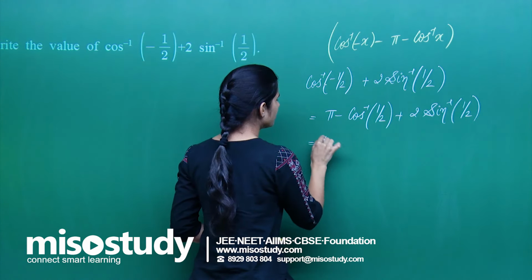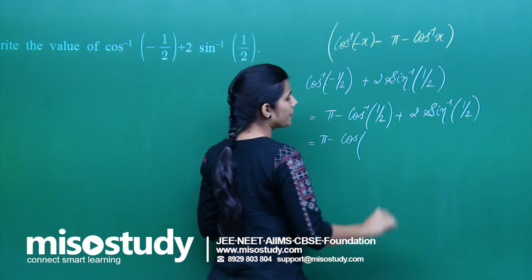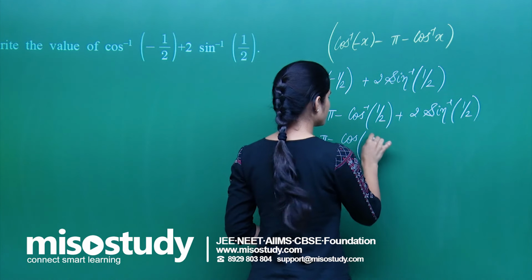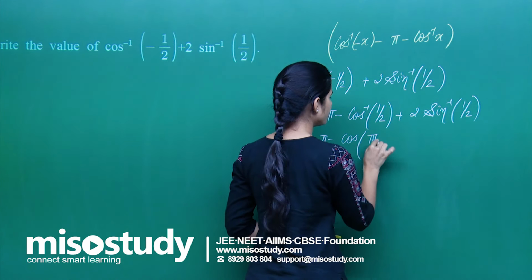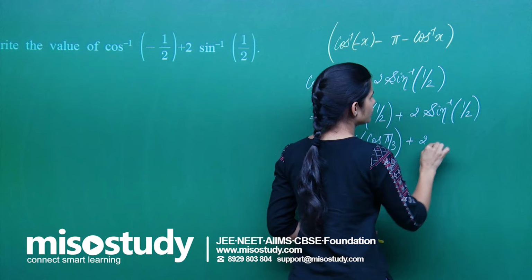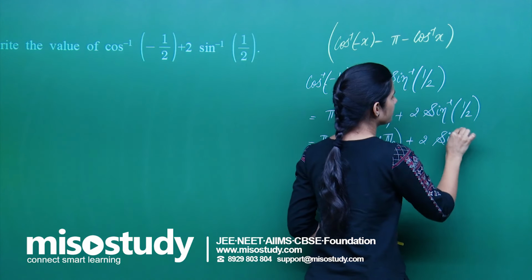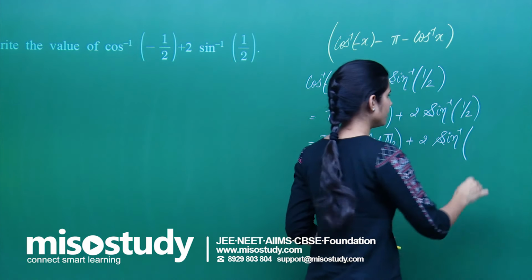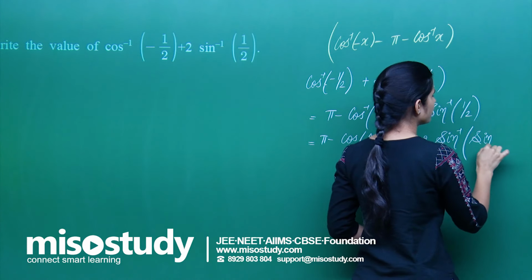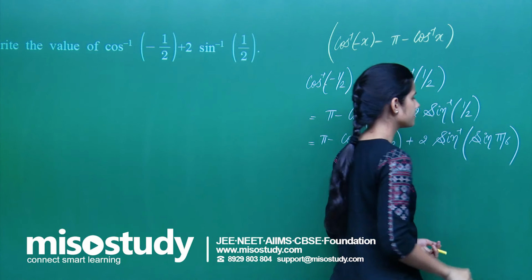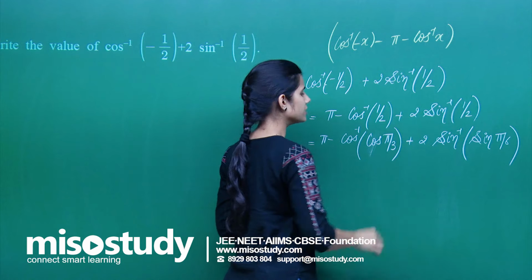Clearly I know that cos 60 is half, so this can be written as cos inverse of cos pi by 3 plus 2 times sine inverse of sine pi by 6, since sine 30 is half.